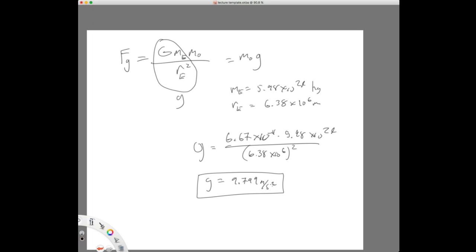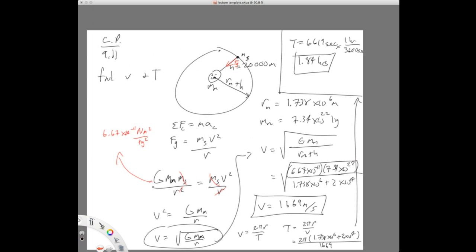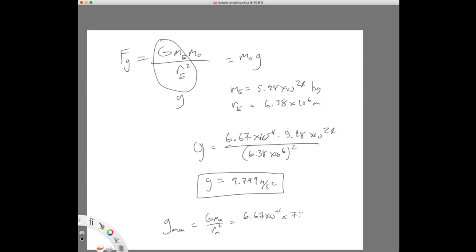Now, if we went to Mars or the Moon and we want to know what is the acceleration due to gravity there, we would use the mass and the radius of the Moon. So let's do that. g on the Moon is going to be G m Moon over R Moon squared. That's 6.67 times 10 to the minus 11 times, what was that mass of the Moon? 7.34 times 10 to the 22.